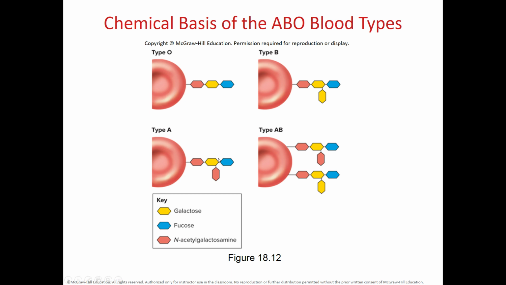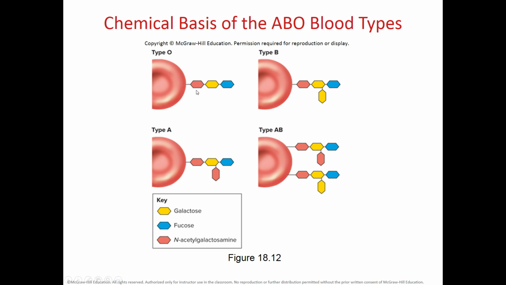So, this diagram shows you these antigens on the surface of the red blood cells. In here we have type O red blood cells with these different molecules that make up this antigen. So we have N-acetylgalactosamine in red color, galactose in yellow color, and fucose in blue color.